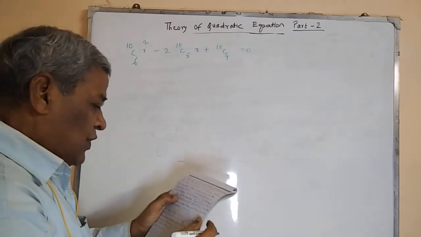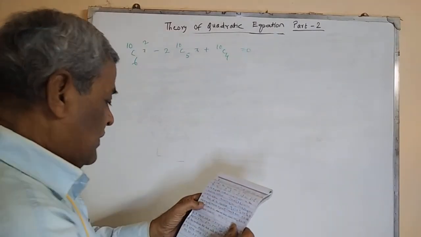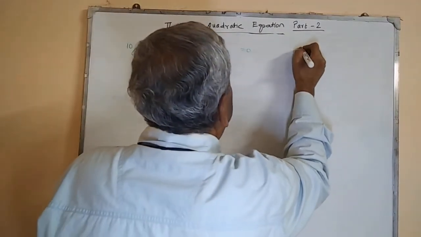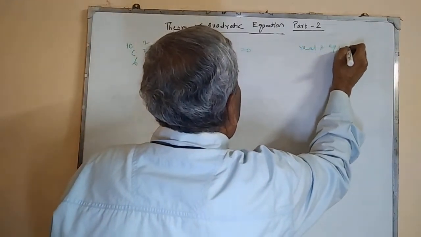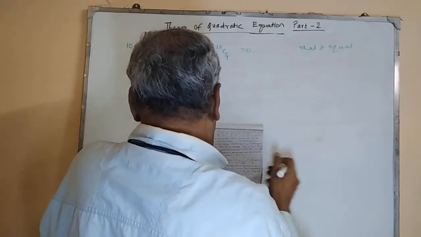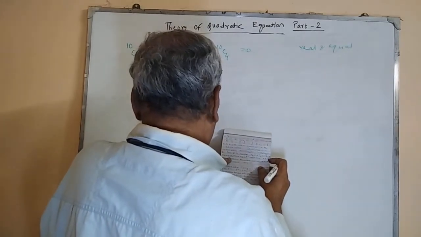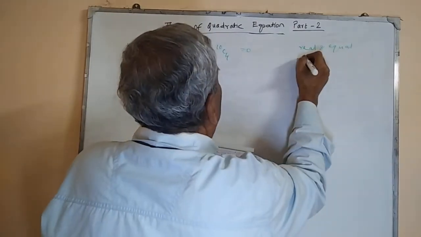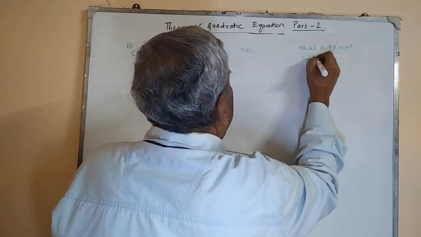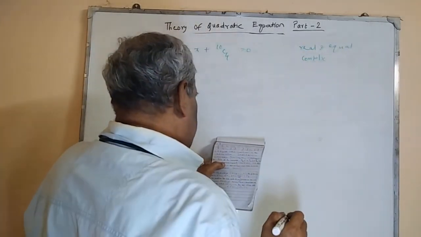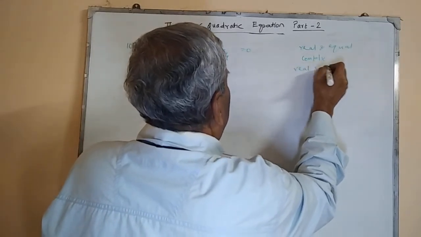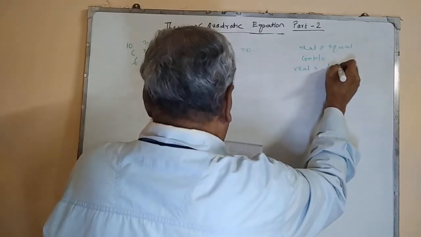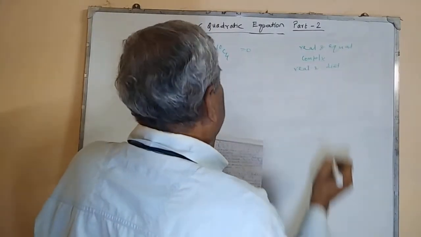The roots of this equation are, four options: real and equal, complex conjugate, real and distinct, none of these.